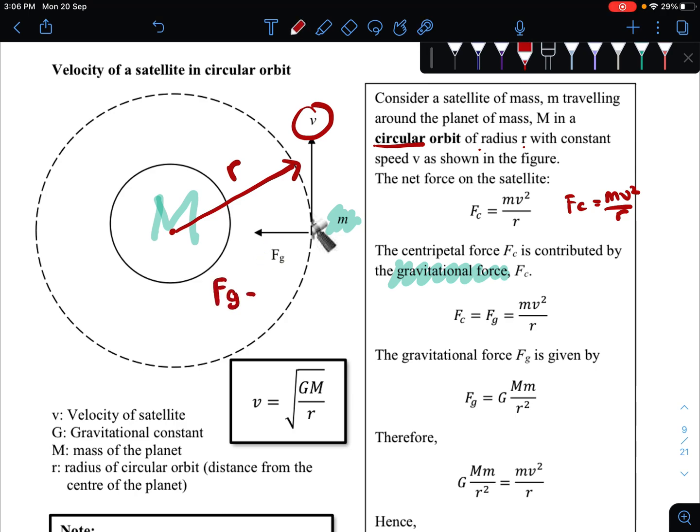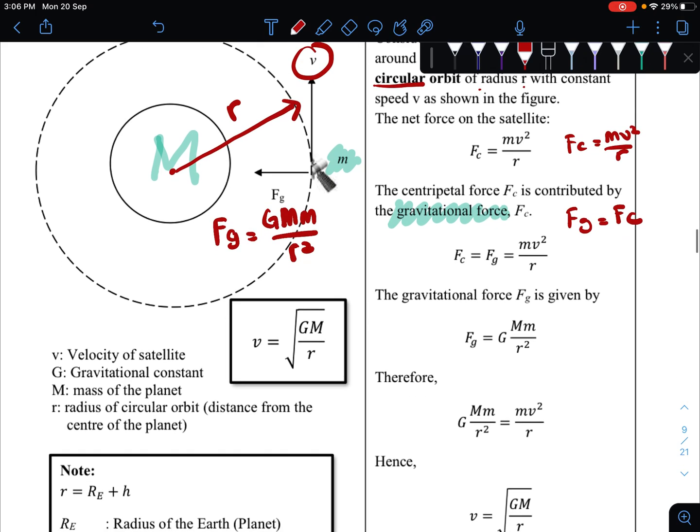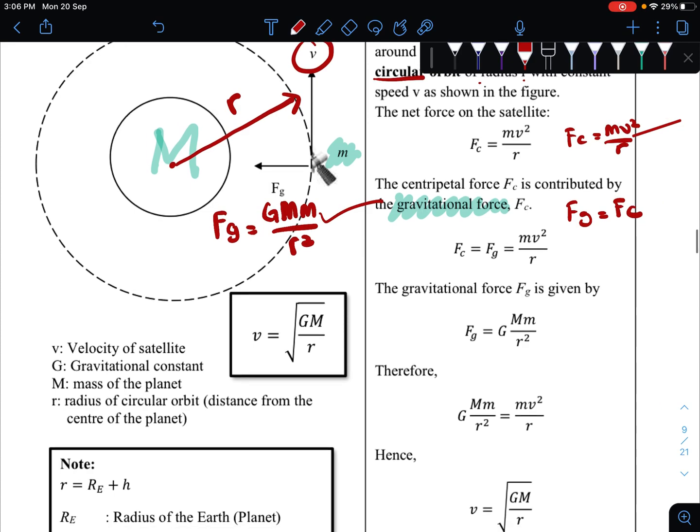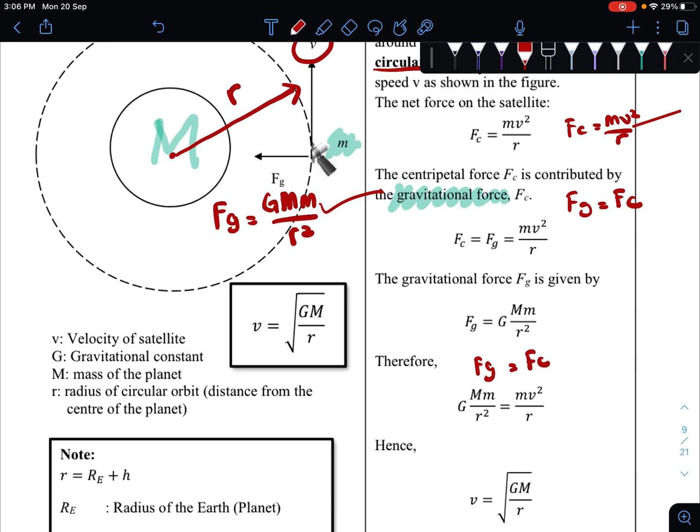They will experience Fg, and Fg is the first equation that we have encountered in this chapter, which is GMm over r square. Since Fg is the force that contributes to the centripetal force, basically Fg is equals to Fc. So we can equate Fg and Fc here. Fg is GMm over r square and Fc is mv square over r. So we put GMm over r square equals to mv square over r.